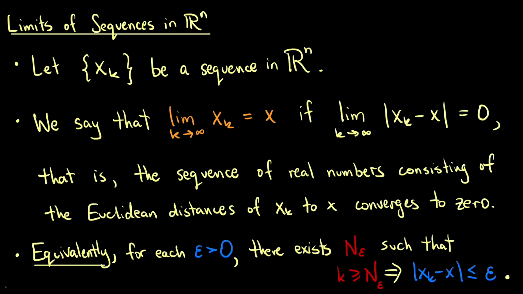We're next going to move along to discussing limits of sequences in Rn. I'm going to assume that most of you are familiar with limits of sequences in R1, that is, limits of sequences of just real numbers. So let's give ourselves a sequence xk, which is a sequence in Rn. Now we have to be careful here, because xk does not denote the coordinates of one point in Rn.